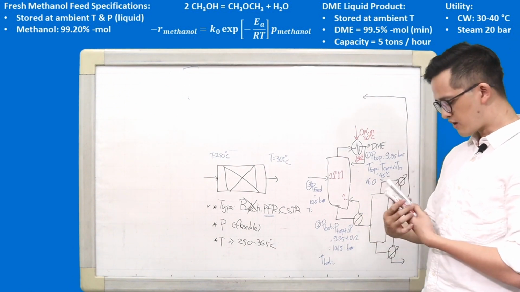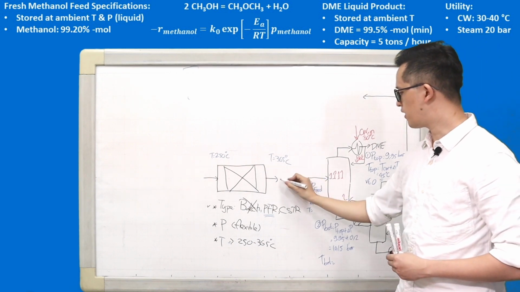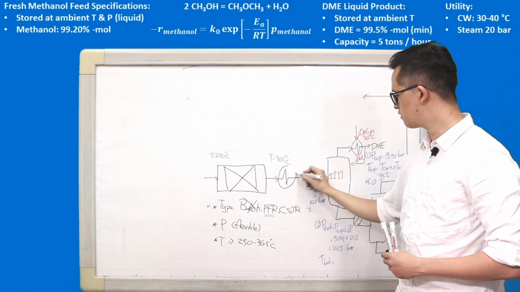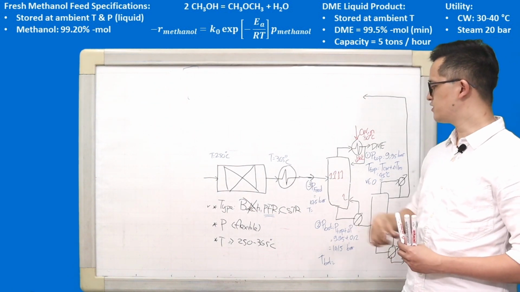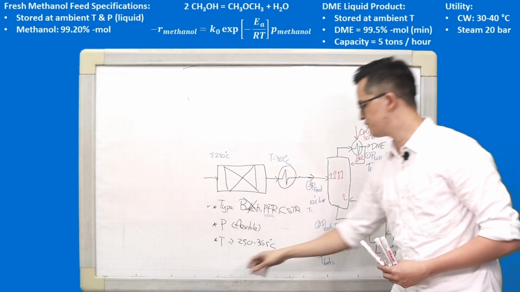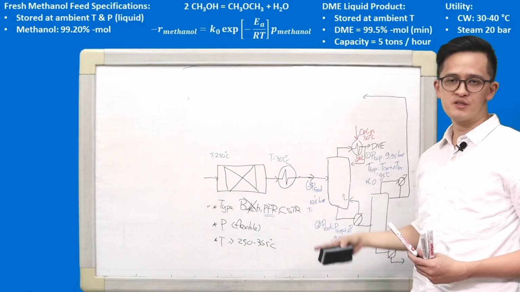That's why between the reactor and the distillation column, now I will add another equipment, which is a cooler. The purpose is to decrease the temperature to make it easy for our distillation column. So again, the question is what will be the temperature?